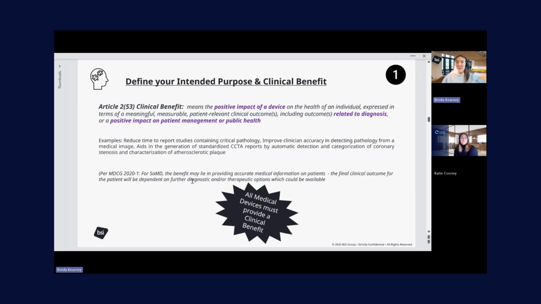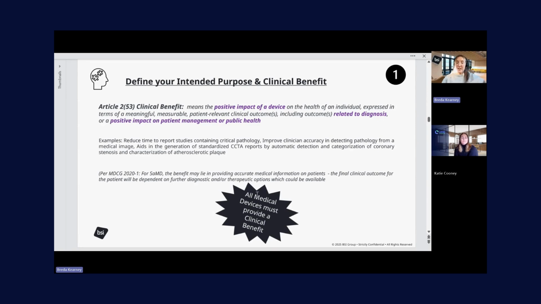So again, it's just because for software as a medical device, the official definition of a clinical benefit talks about patient-relevant clinical outcomes, but this can be very challenging for software as a medical device because generally the benefits are that we provide medical information, but per the guidance document, that's permitted.